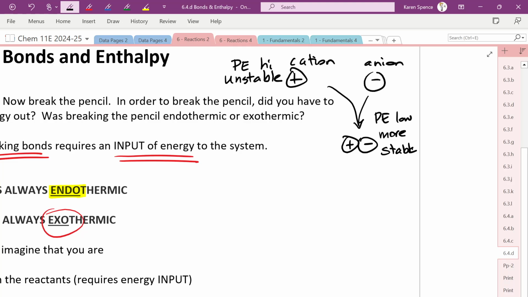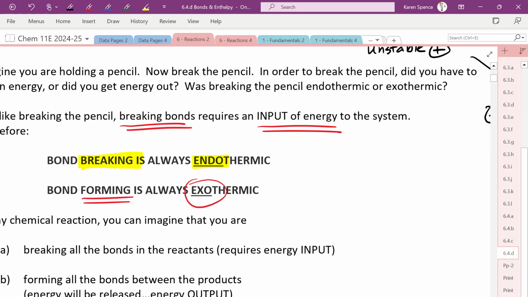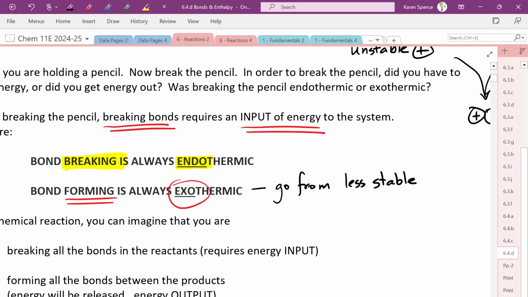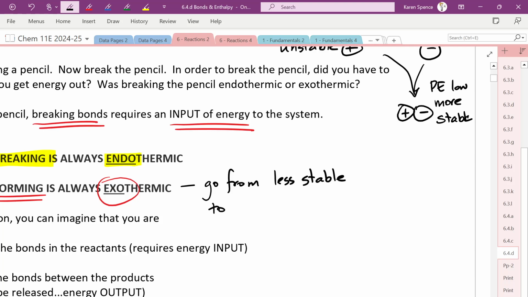And for now, can you just believe me that when a covalent bond forms, the potential energy is also getting lower? Okay, we'll talk more about the complexities later. So bond forming is always exothermic because we go from less stable to more stable.